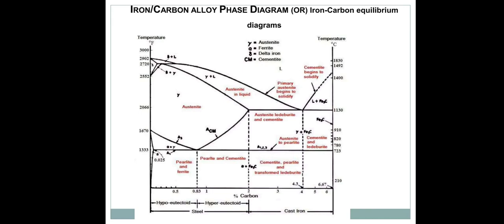By the eutectoid reaction, austenite gives ferrite plus cementite, both solid structures. This picture shows a 0.38% carbon steel having a microstructure consisting of pearlite and pro-eutectoid ferrite.